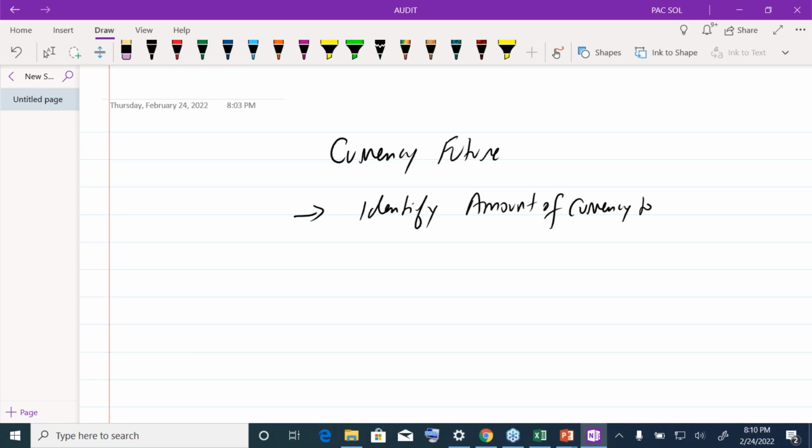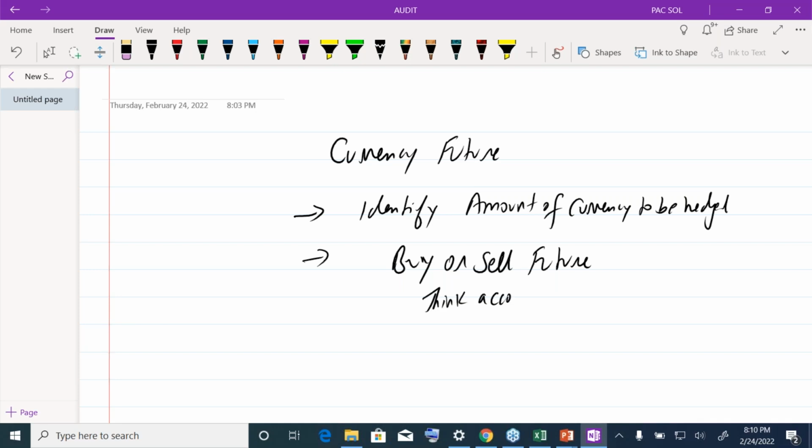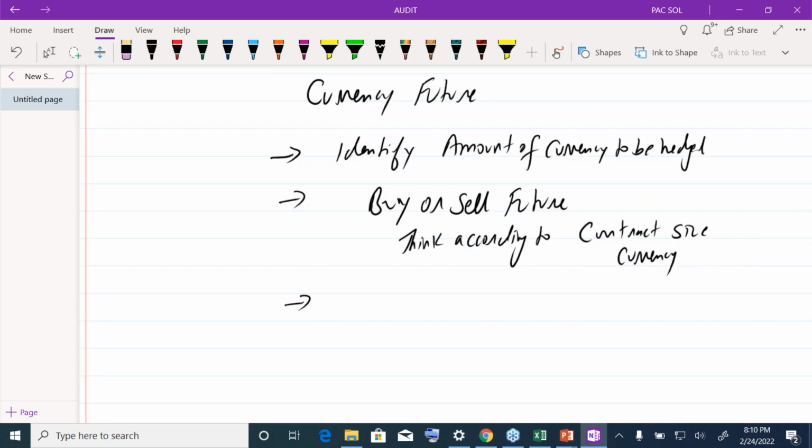Second, you have to identify whether you are going to buy or sell future, and remember, this should be according to the contract size currency. Okay, we will discuss that. Next, calculate the number of contracts.